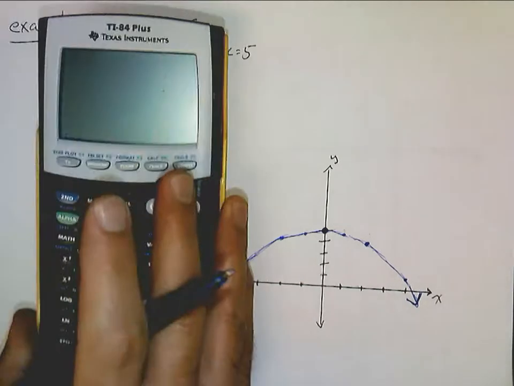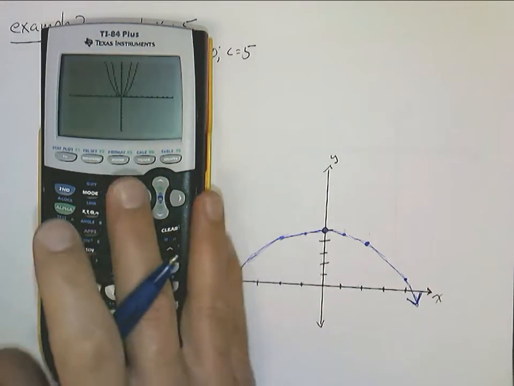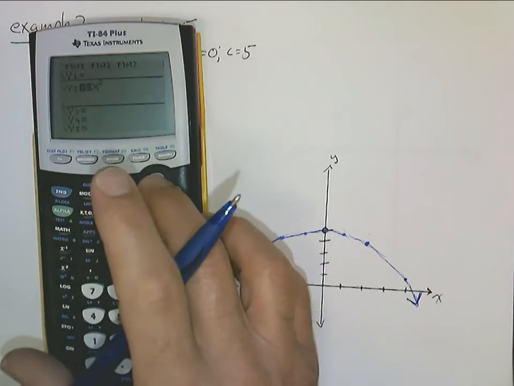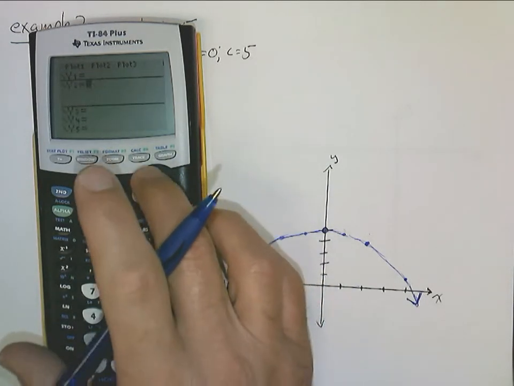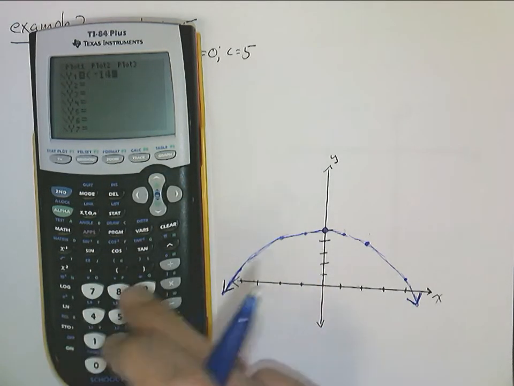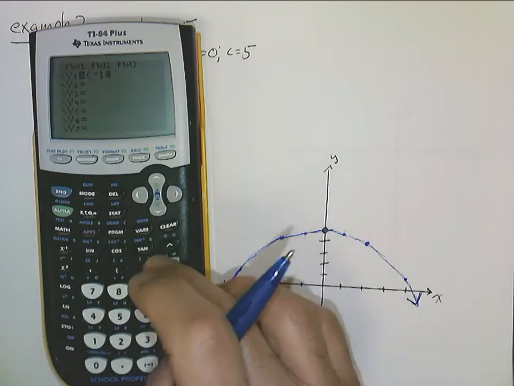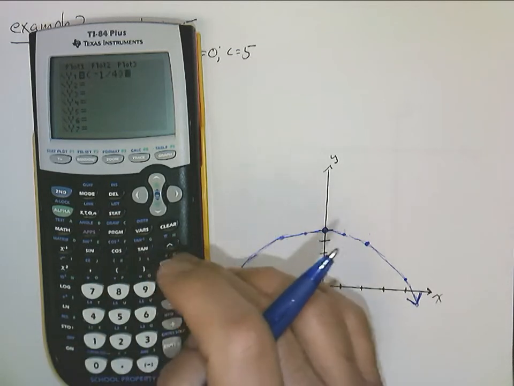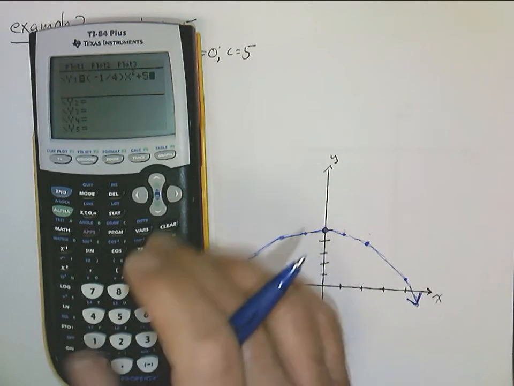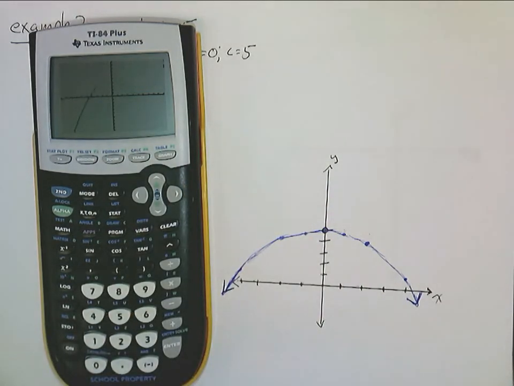If we wanted to check that in the calculator, clear these ones out. Negative 1/4, oops, times x squared plus 5. We graph that, and there's our nice wide parabola, looking very similar to what we graphed on paper.